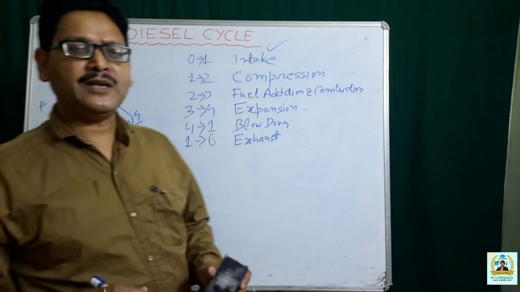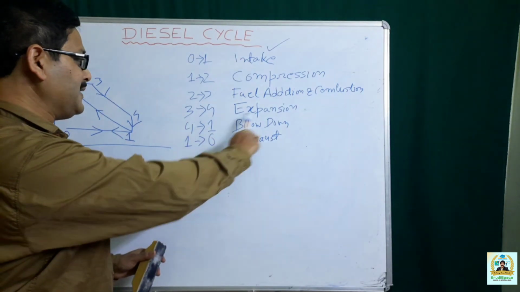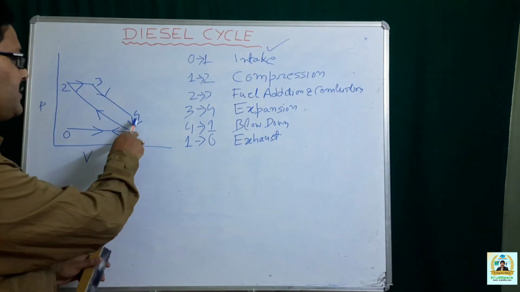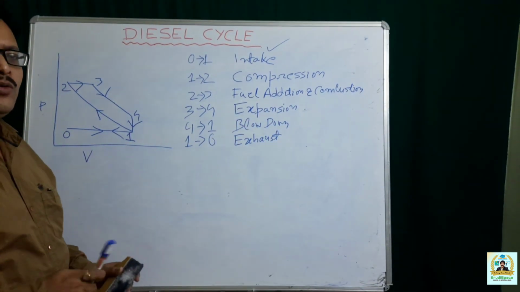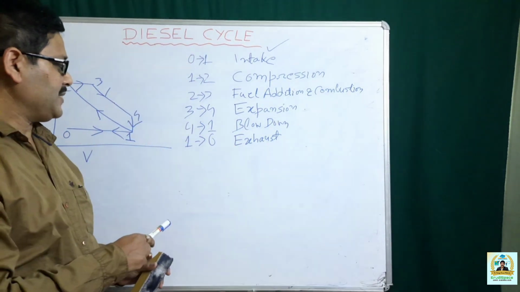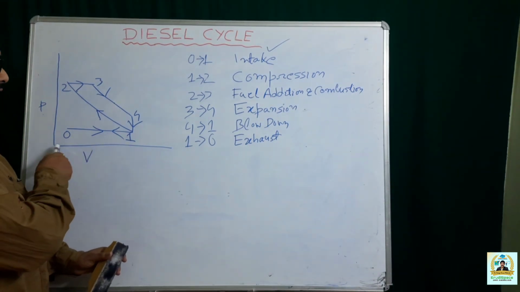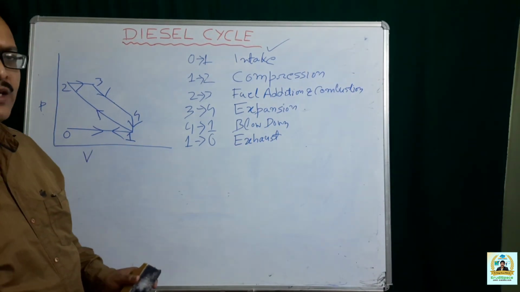Due to the high pressure and thermal energy developed, it undergoes expansion. And then 4-1 represents the blow down, where the pressure drops to the atmospheric pressure, and then at that pressure it is exhausted to the surroundings following 1-0.